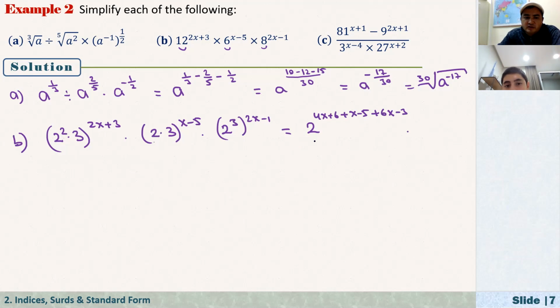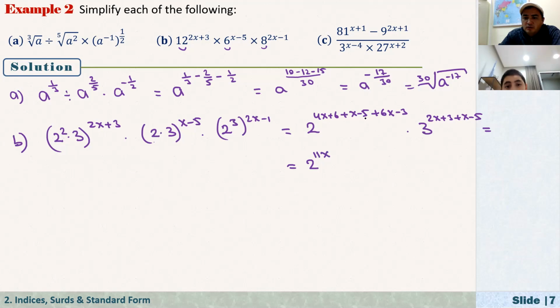Okay, with base 2, we are done. How about 3? Here we have 3 to the power of the first one, 2x plus 3. The second one, plus x minus 5. And that's all.